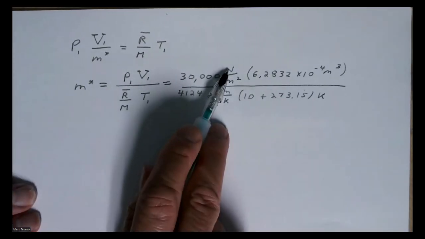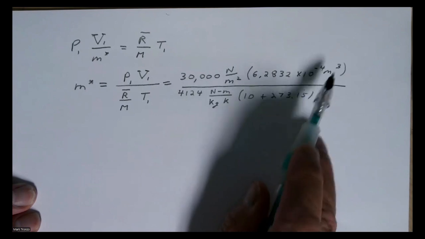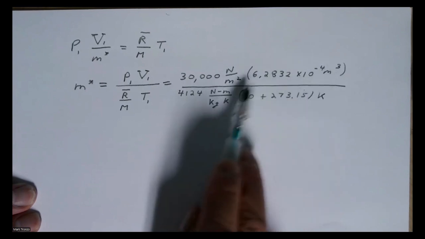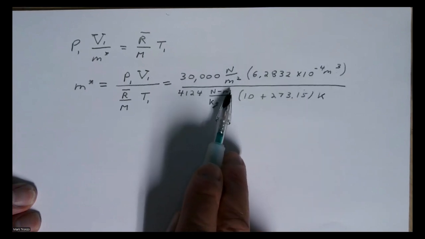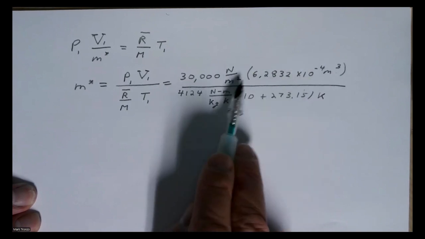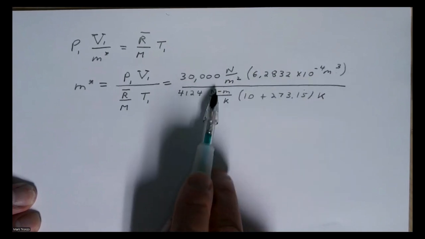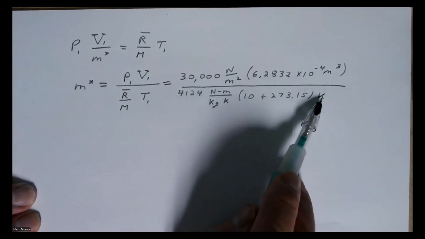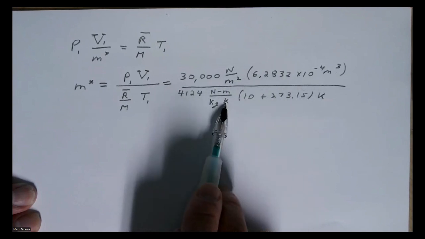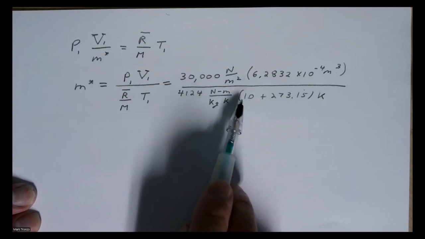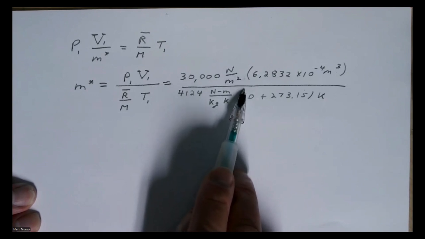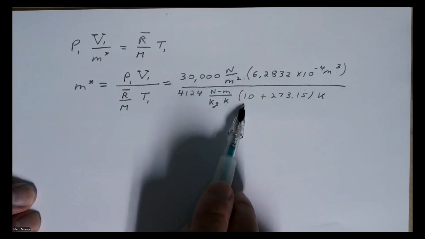Before we calculate this, just check our units. The newtons will cancel. Meter cubed here. Now we have a square here, but we divide that by a meter here, so that'll be meters cubed. So meters cubed will cancel. So the newtons and meters cubed cancel. The Kelvin cancels. So we're going to have 1 divided by the fraction 1 over kilograms.